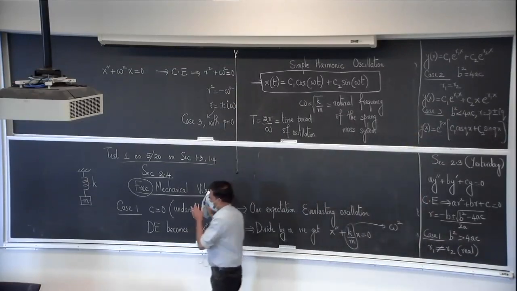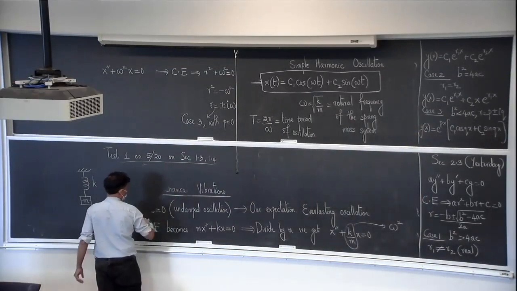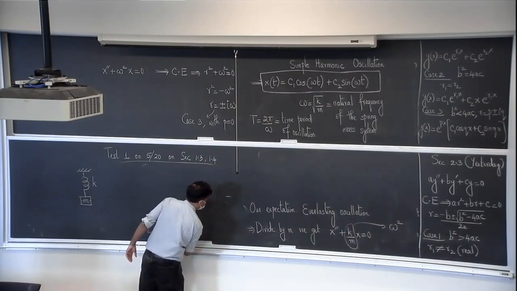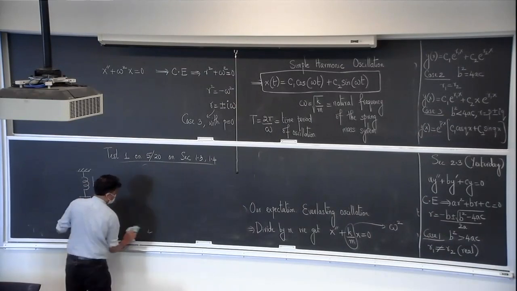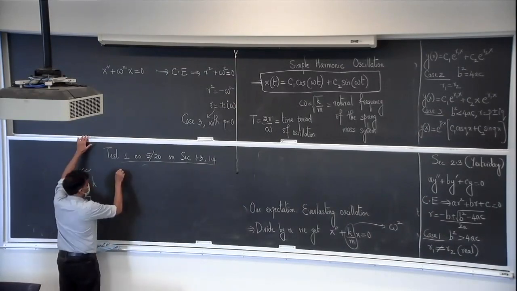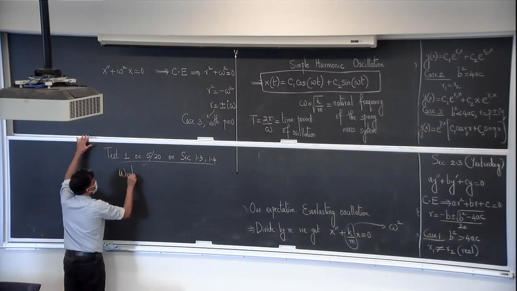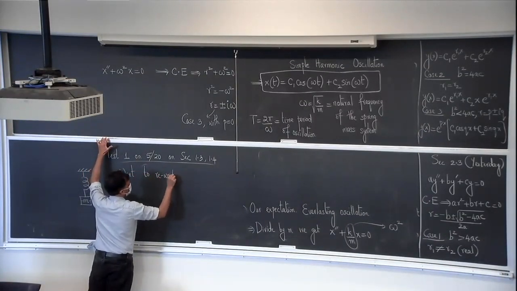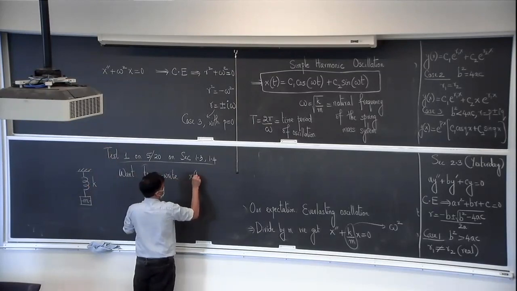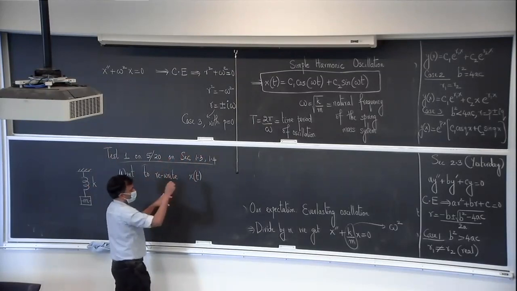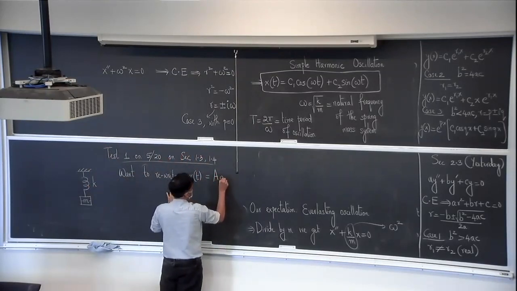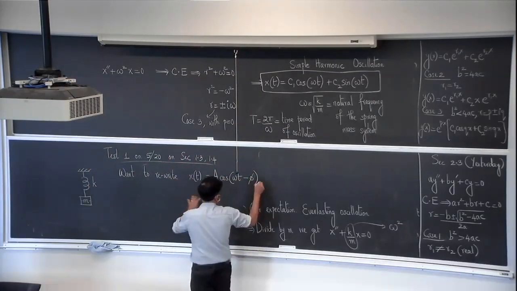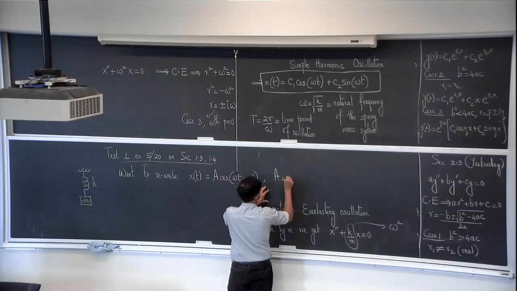And this is the only part that could be a little bit challenging in this section. So you just need to pay attention to all the details here. We want to rewrite the same x of t that you have there in the form A times cosine of omega t minus phi, where A is the amplitude.